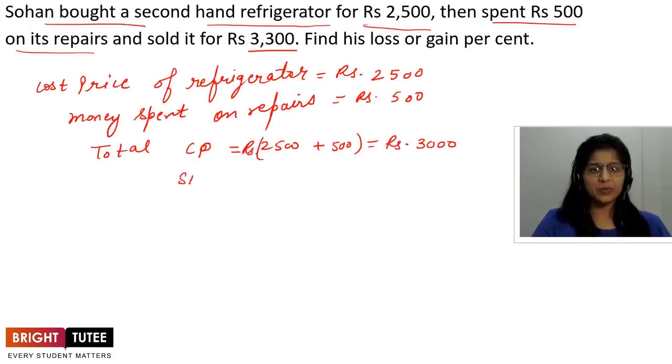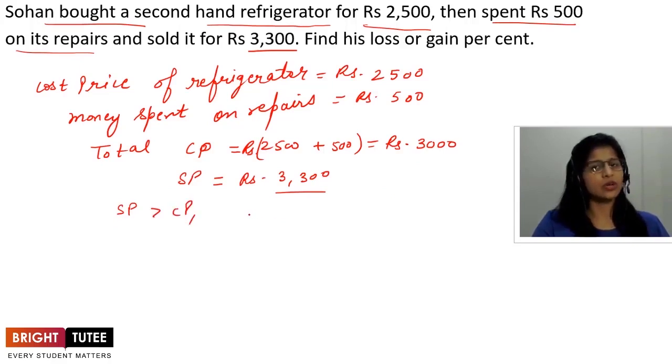Now what is SP, the selling price? He purchased it second hand, and then for the repairs he spent 500 rupees, so the cost is 3,000. Now he is selling it for rupees 3,300. As you can see, SP is greater than CP. So are we at loss or gain?